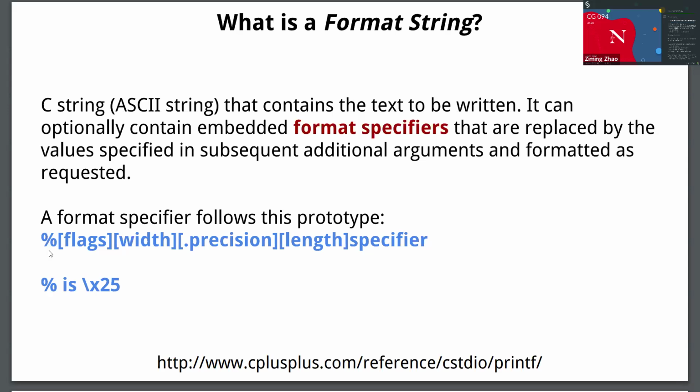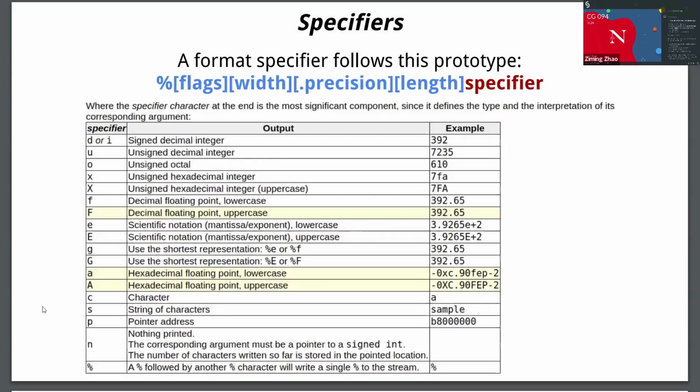Usually we just say a percentage sign, then one letter, a d, an s, right? That's what you are familiar with, but actually it can be more complicated than that. There can be a flag, a width, a precision, a length, then the specifier is a must. You have to have a specifier. And the percentage sign is basically the ASCII value of 25, hex, so even if you write that instead of a percentage sign, it's equivalent.